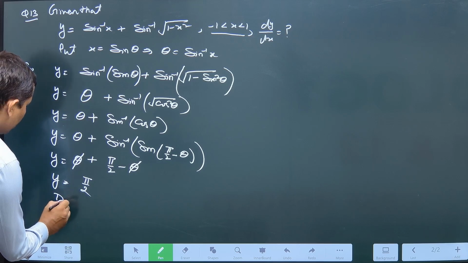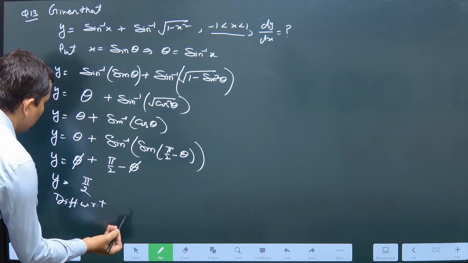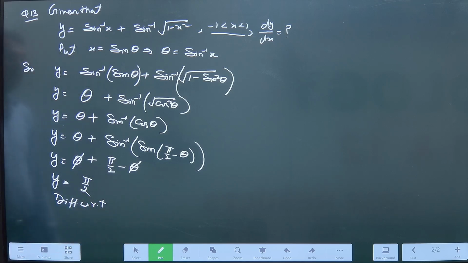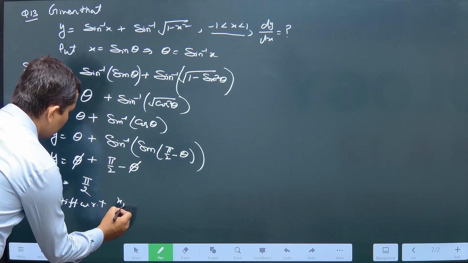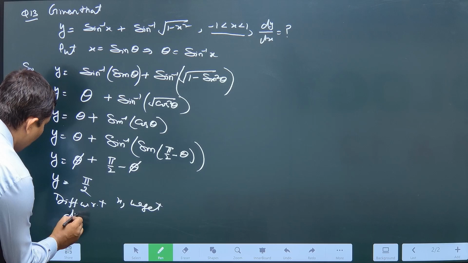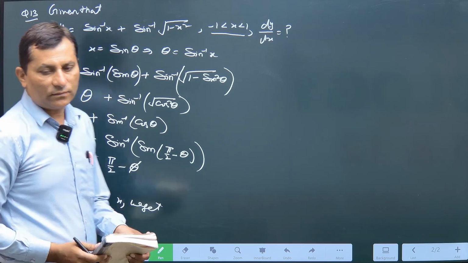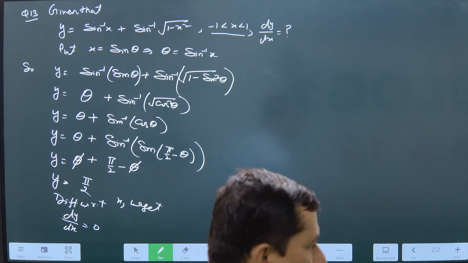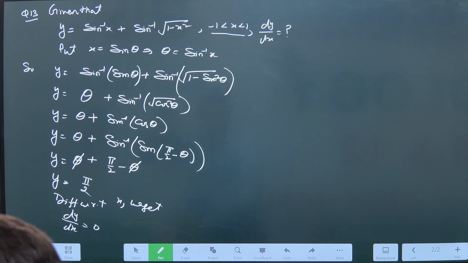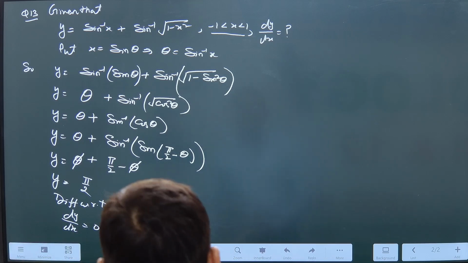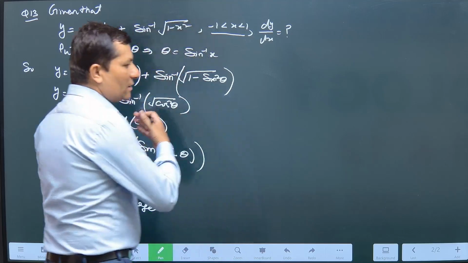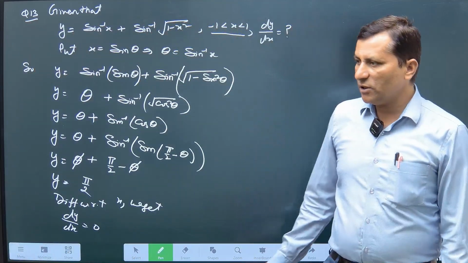You can understand, differentiate with respect to x, we get, so your dy upon dx is equal to 0. Understand? Result is equal to 0.